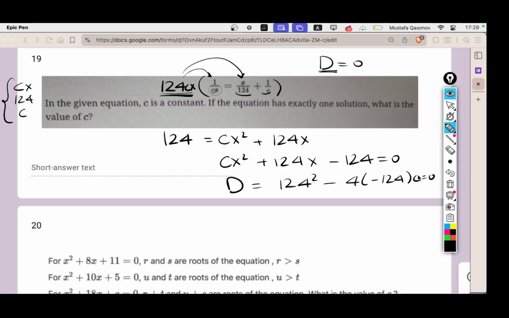Yes. Okay. Then you have to calculate it. Then you have to find c, it will be negative 31. Okay, look at it for 20 seconds. Then we will continue.